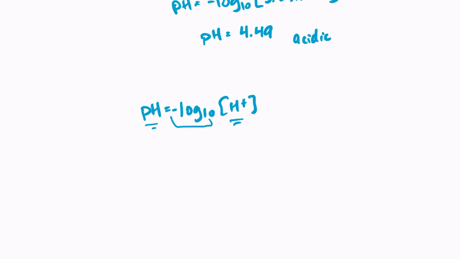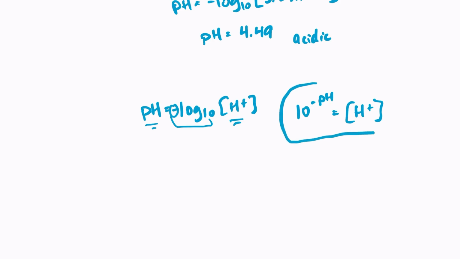The inverse of log is 10 to the power of the original number. So we're going to take 10 to the negative pH, because we have a negative there, equals the concentration of H plus. And this is also super easy just to stick it into your calculator. It's another plug and chug, but this is something you want to know how to do.